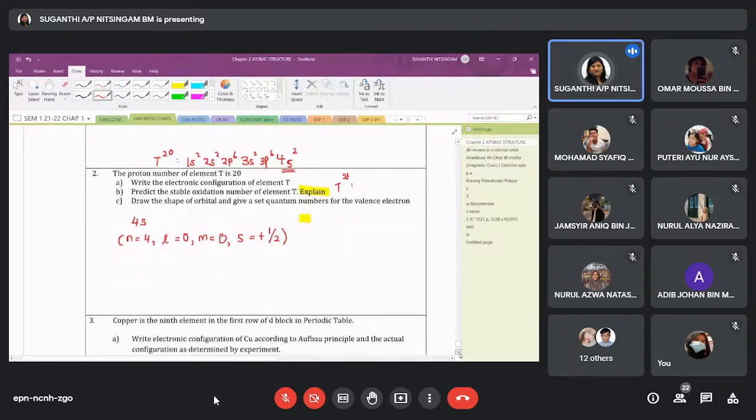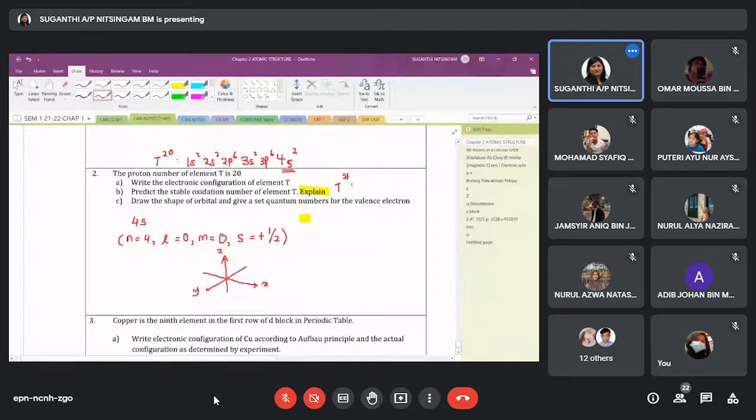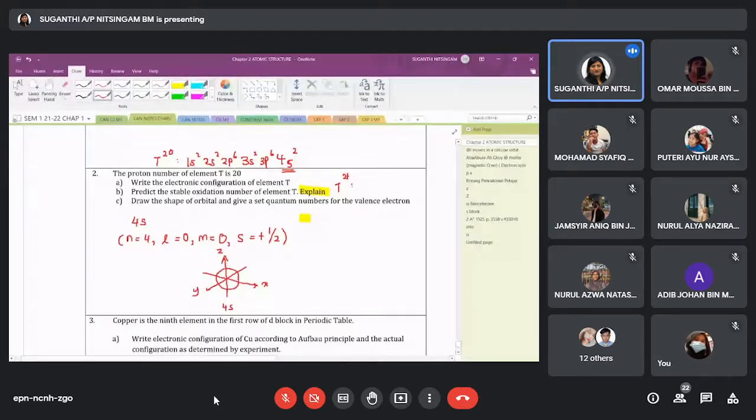Dan kemudian kamu lukis sahaja. Bila dia kata draw the shape, draw sajalah. Macam mana kamu nak draw? X, Y, and Z. Kemudian lukis bulat kat tengah ni. Ni 4s dan kamu boleh padamlah dia punya kat dalam tu.